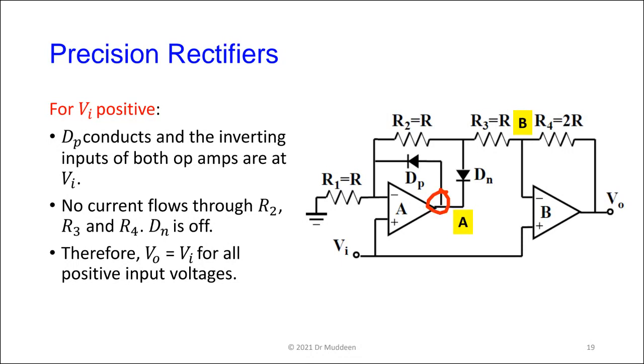So the input here turns DP on. All of this point is positive here, and DP is on. No current is going to flow through R2. In fact, I have no current flowing through R2, R3, and R4. Why is that?